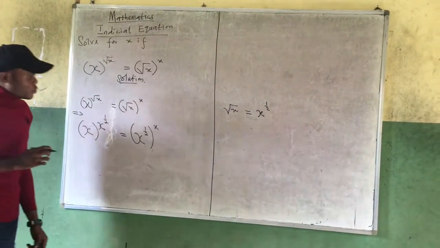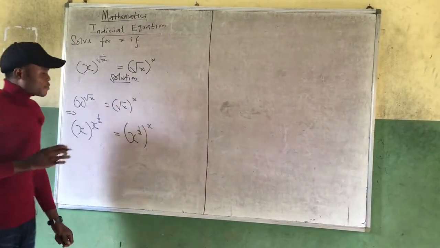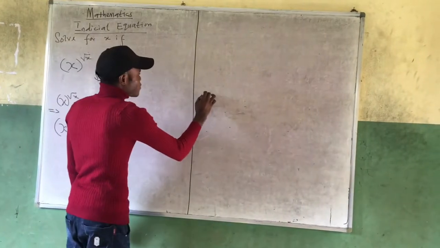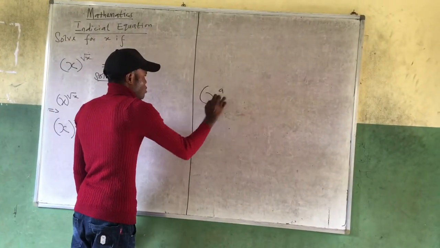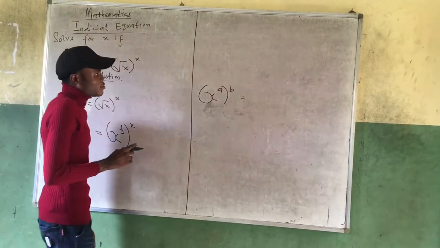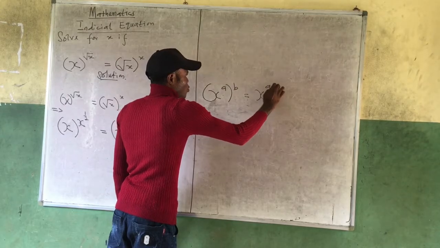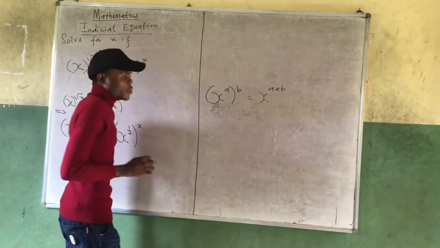So we continue. Let us recall again, one of the laws of indices is if you have x raised to power a, everything raised to power b, this is going to be equal to x raised to power a multiplied by b.